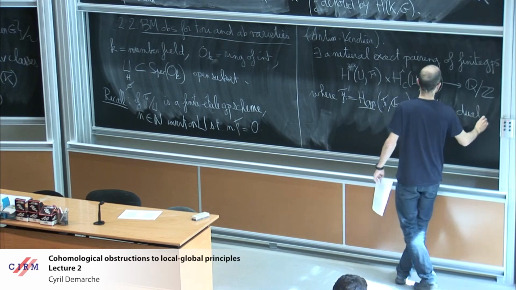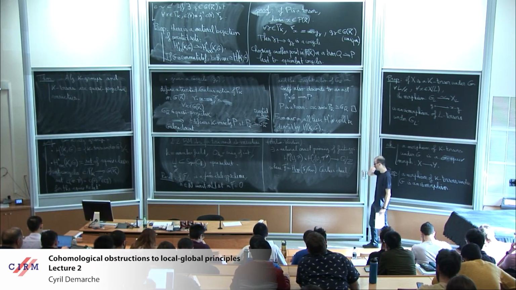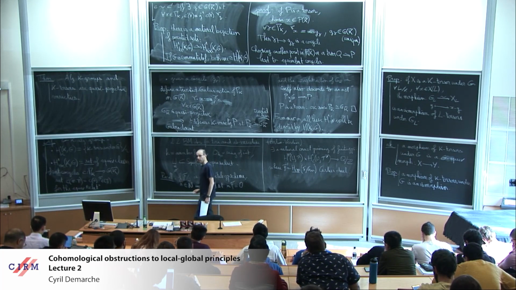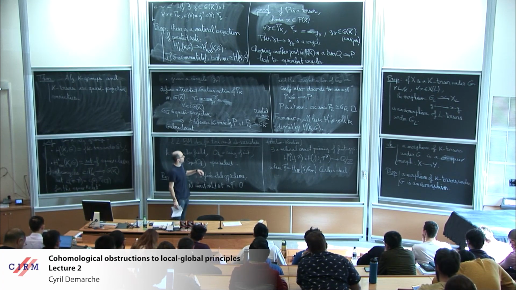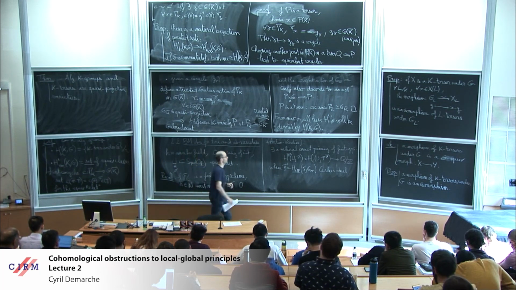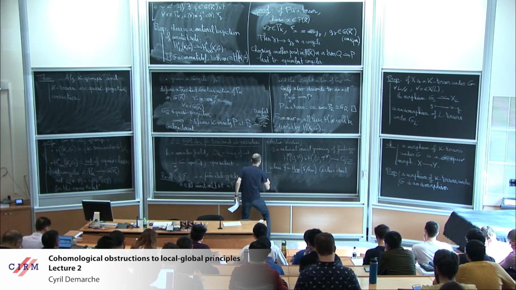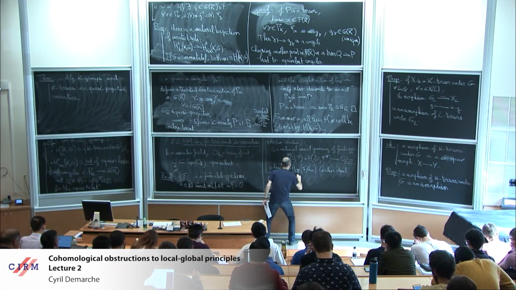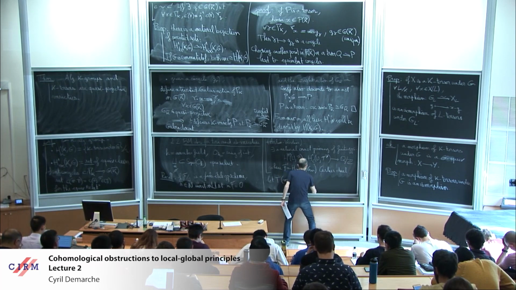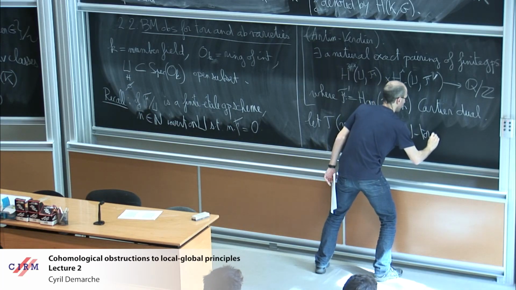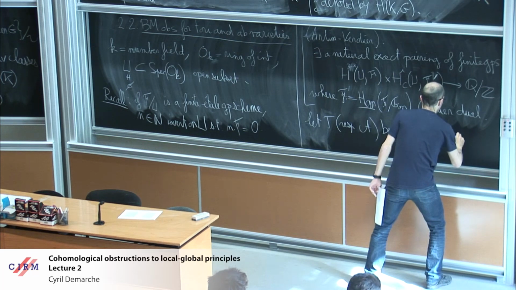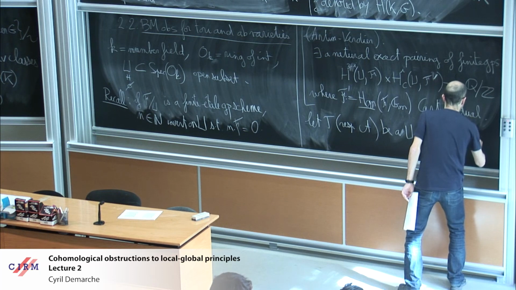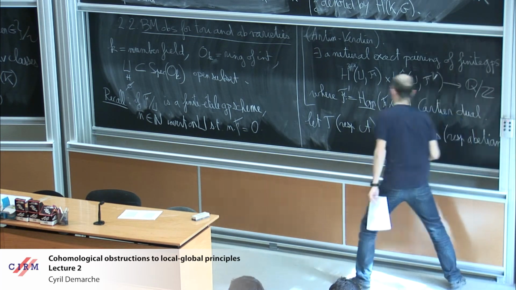So we had this duality in étale cohomology, and now we are interested not only in finite group schemes, but in tori and abelian varieties. So now let T and, say, curly A be a U-torus, respectively an abelian scheme over U.